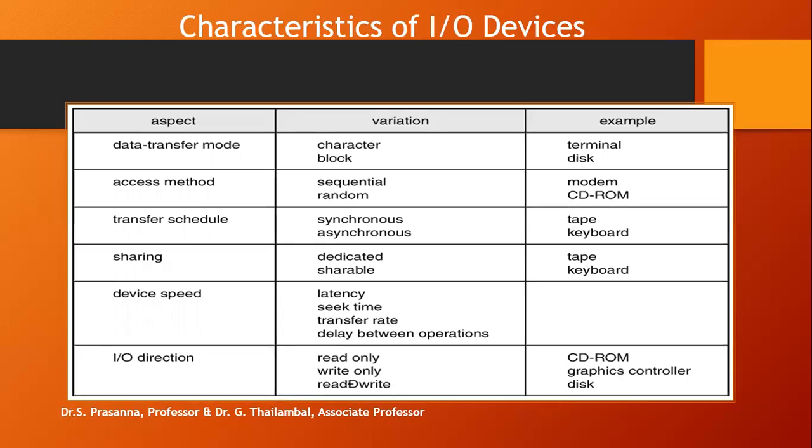And what are the characteristics of IO devices? It is based on some differentiation we have seen already. Data transfer mode: in terminals, data is transferred character by character, and in disk, block by block. Access methods: in the modem, sequential access happens, and in the CD-ROM, random access happens.